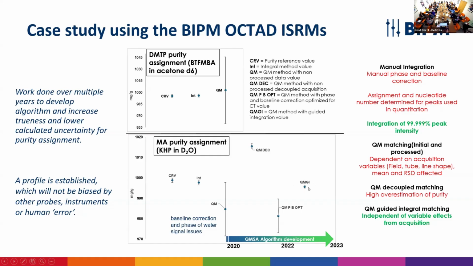This is called the QM guided integral selection, where the integral used by the QM for the ratio was guided by the initial experimental data to be able to get a value that was closer to these values here. Again, that does need to be tested on more models to say that that specific algorithm can work across models. If it's been tested on this model, yes, we can say it works for this model, but it needs to work for other models, because you could just be biasing it to the right value and you haven't done it with other areas.